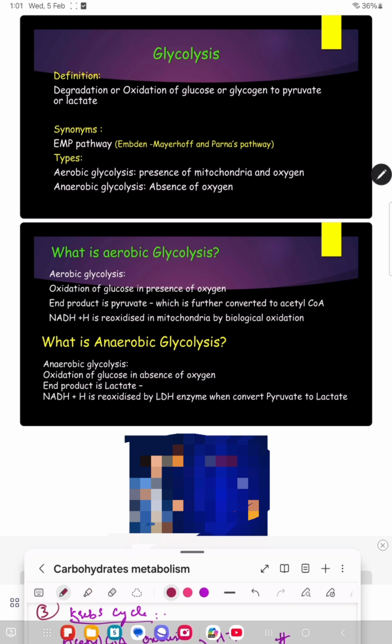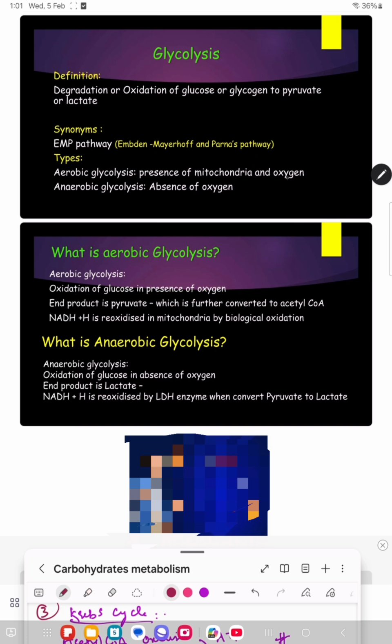What are the synonyms, meaning the other names? The first one is the EMP pathway, the Embden-Meyerhof-Parnas pathway. Now talking about the types of glycolysis, the first one is aerobic glycolysis, with the presence of mitochondria and oxygen.